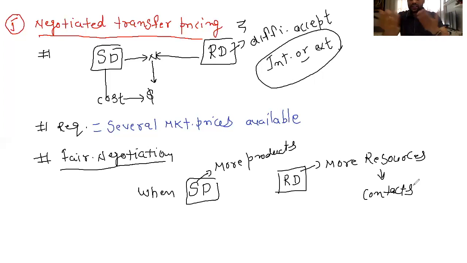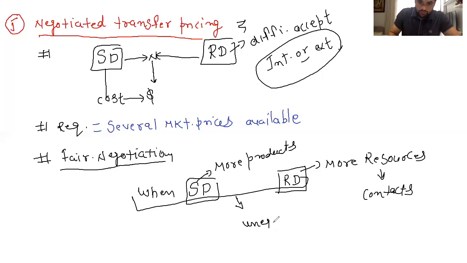So there is no situation for negotiation, right? In this situation we call it unequal bargaining. Unequal bargaining exists, which is not good for this method.